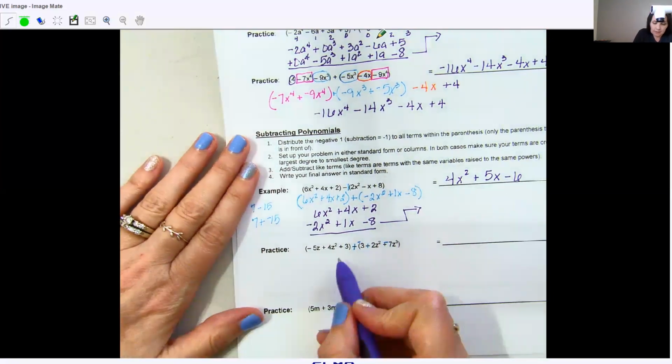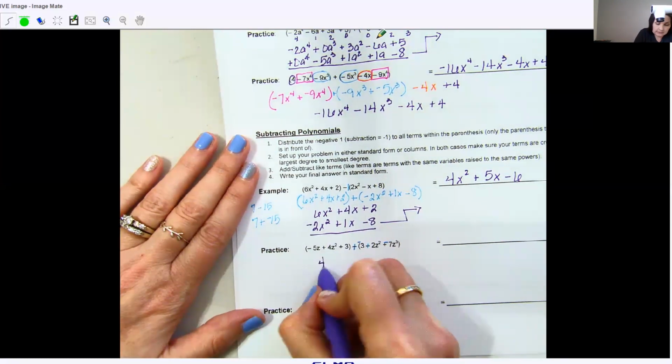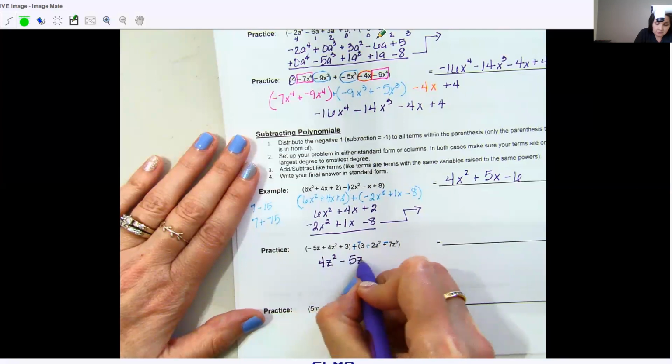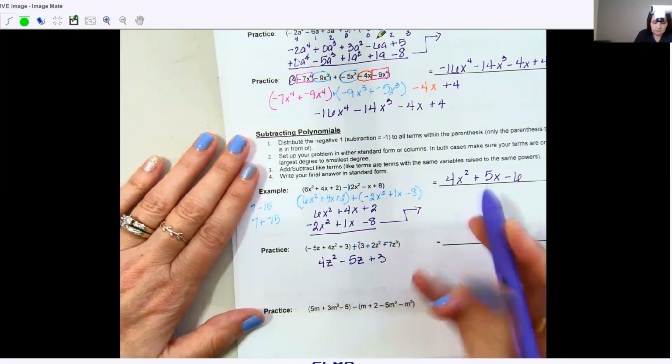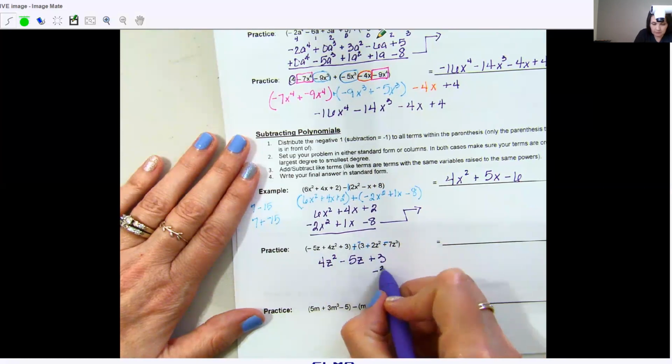Okay, so I'm going to write these in standard form. So I have 4z squared minus 5z plus 3 from this one. And then this one, I have a -3. I changed it to a -3, so I'm going to put a -3 right here.